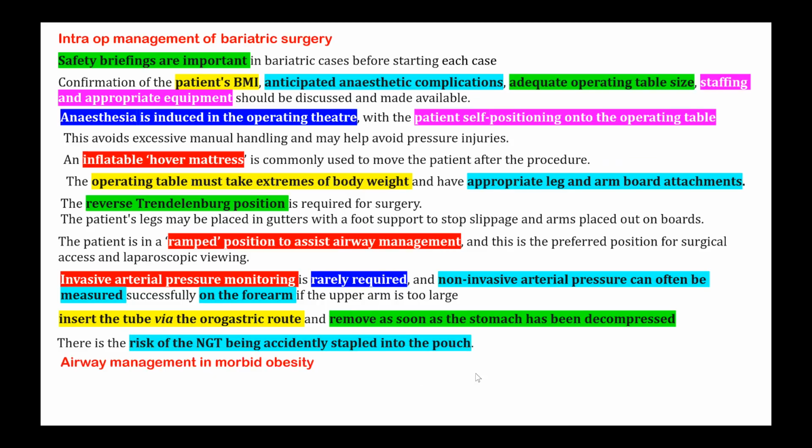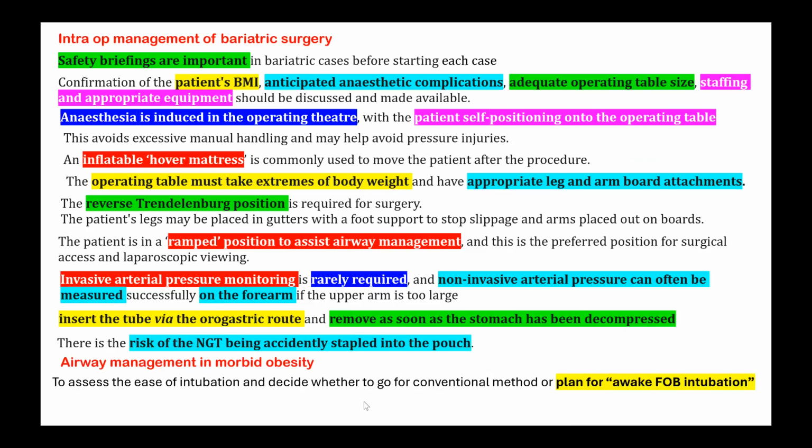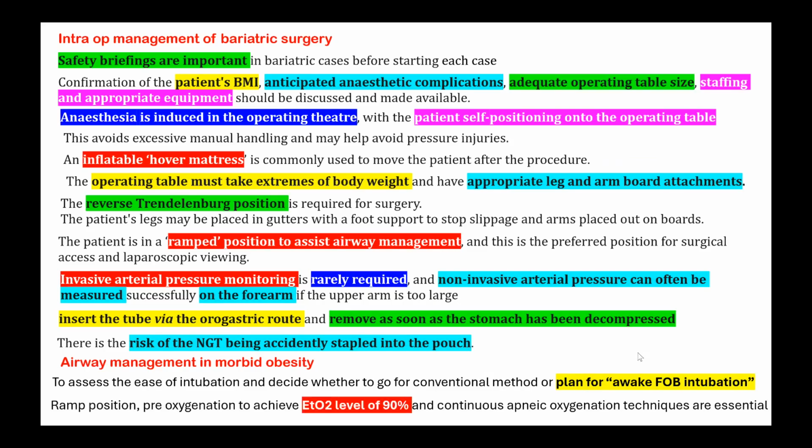Coming to airway management in morbidly obese patients, assess the ease of intubation and decide whether to go for the conventional method or plan for awake fiber optic intubation in a much safer way.